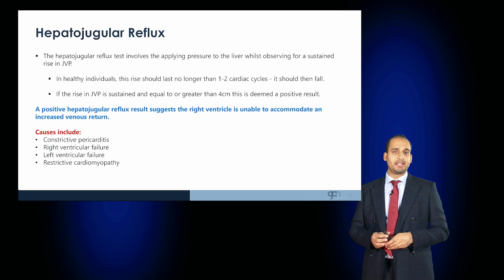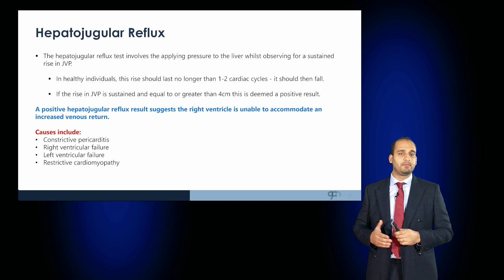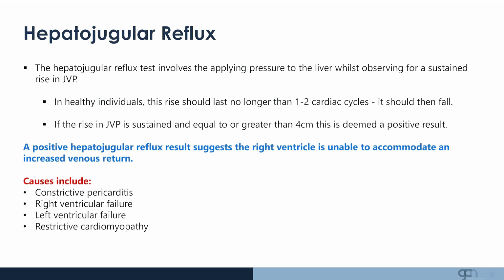In this, there is pressure applied over the liver, which results in increased cardiac return, and that causes a rise in the JVP. In healthy individuals, that rise should not persist for more than 1 or 2 cardiac cycles. The JVP should then fall back to before you accentuated it.